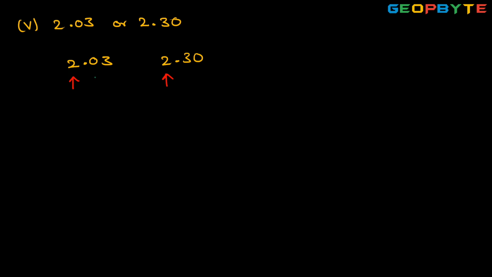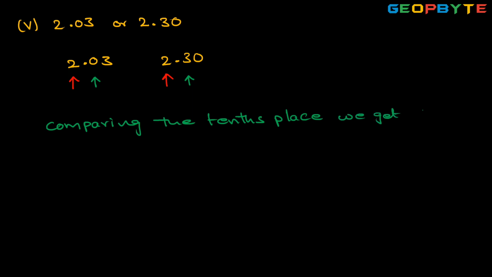In the next place, that means the tenths place, we have 0. In the second number in the tenths place we have 3. So by comparing the tenths place, we get 0 is less than 3 or 3 greater than 0. So therefore, comparing the tenths place, we get 0 less than 3.